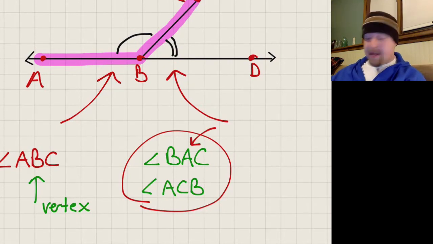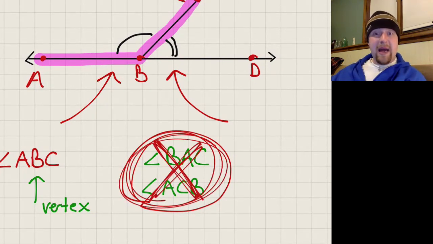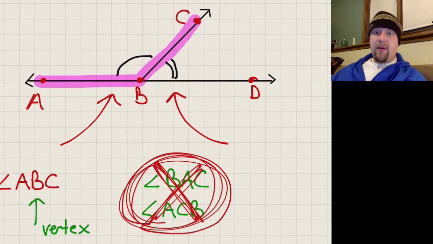A is not the vertex. And in this one, C is in the middle. C is not a vertex. And so therefore, they cannot be angles. So those angles actually do not exist on this diagram. Okay, there's only one way to name it. There is, however, another angle in this diagram. And if we trace it using a highlighter, it's angle CBD.